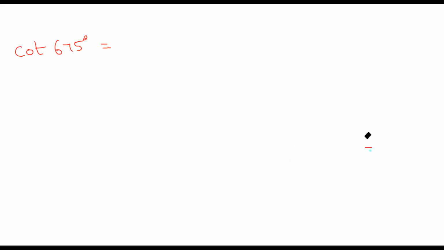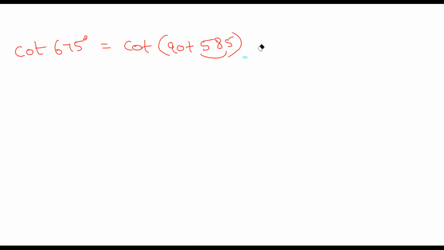Cot 675. Do you take it in the form of pi by 2? If you take it in the form of pi by 2, that is 90 plus something, that is 585, and again you have to take something.